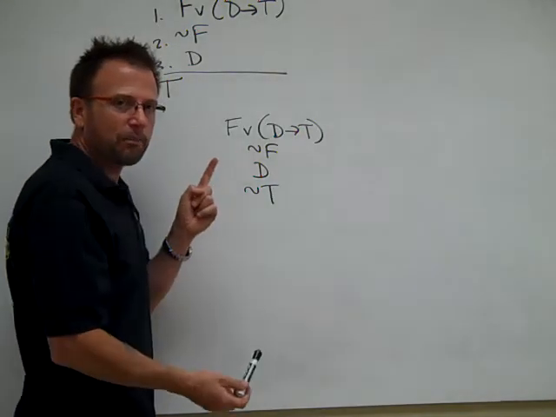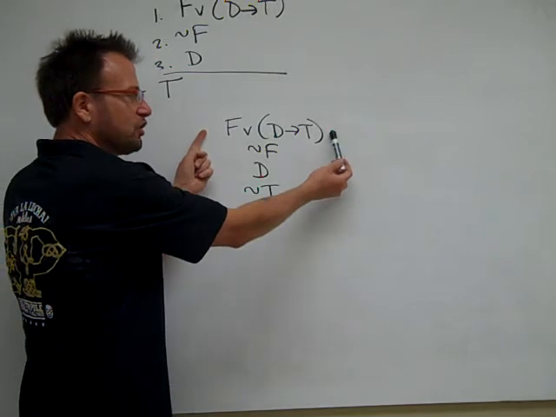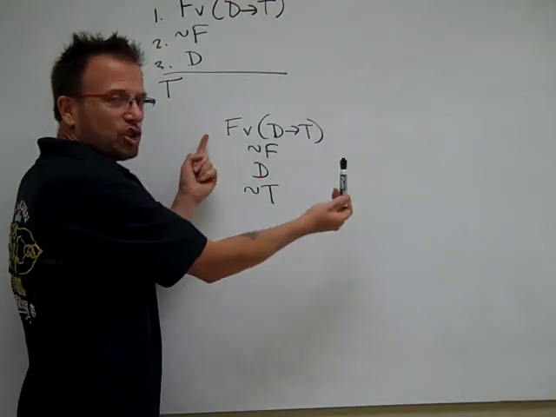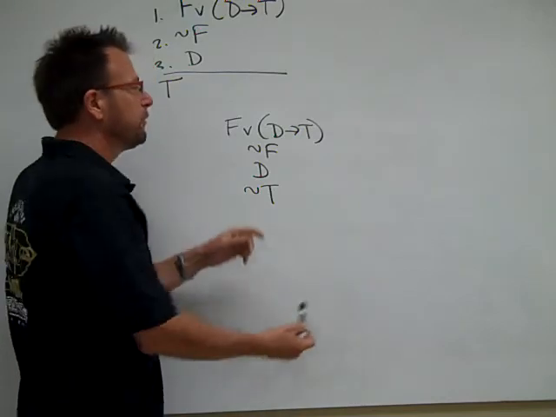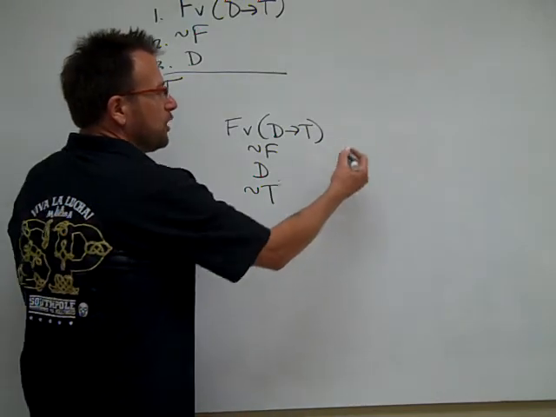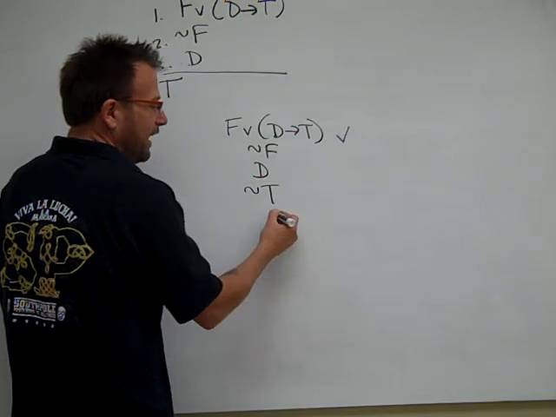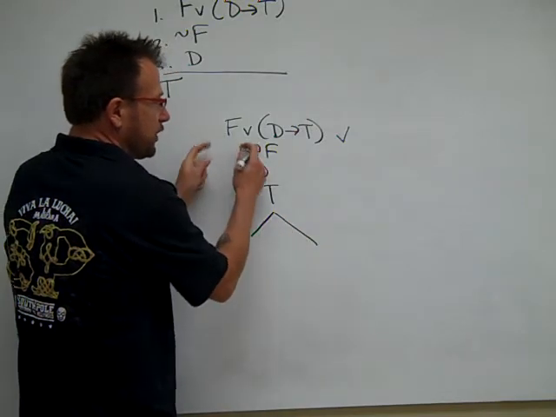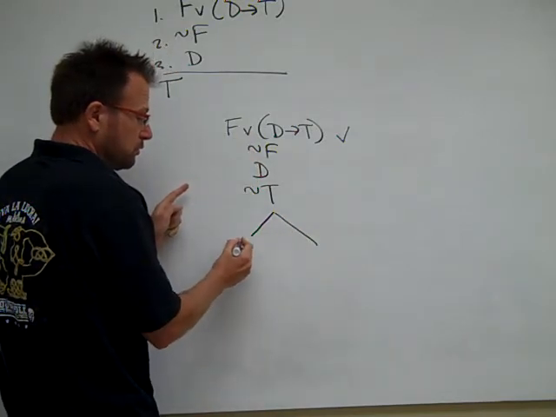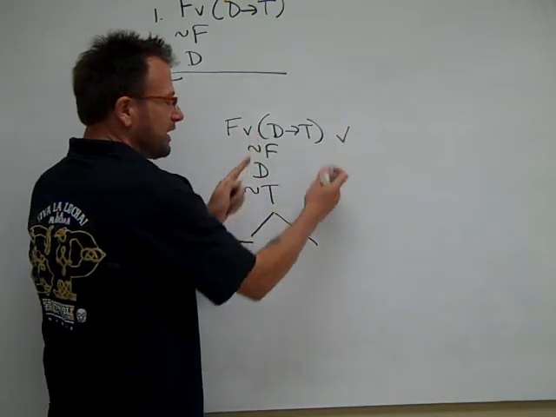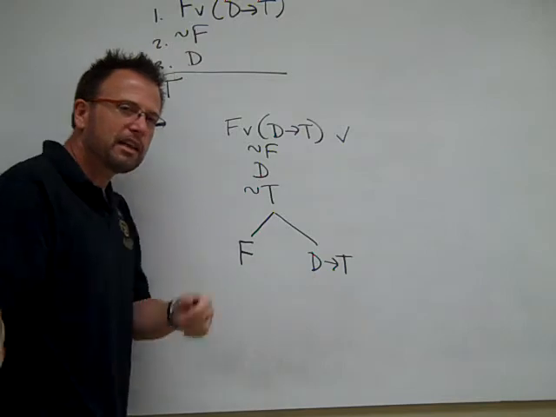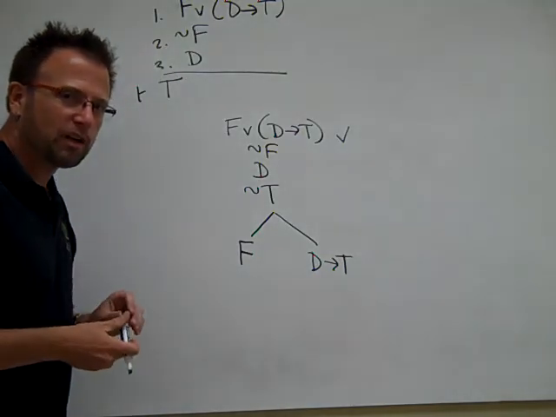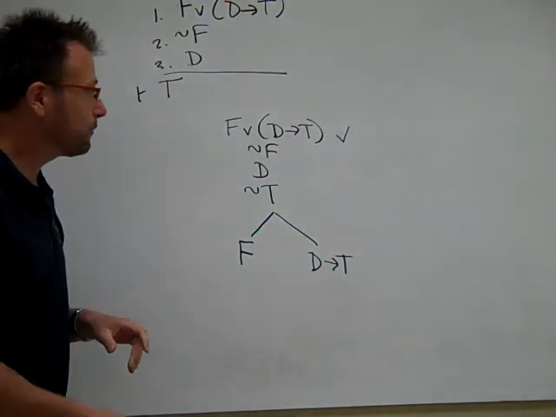But here we have a complex statement, which is a disjunction. So I'm going to determine under what conditions this disjunction will be true. Well, this disjunction will be true when either the first disjunct is true or the second disjunct is true. That's what we did in the prior lecture, the one that I was worried that you might find a little bit confusing.